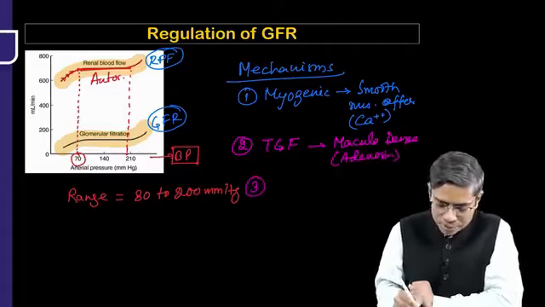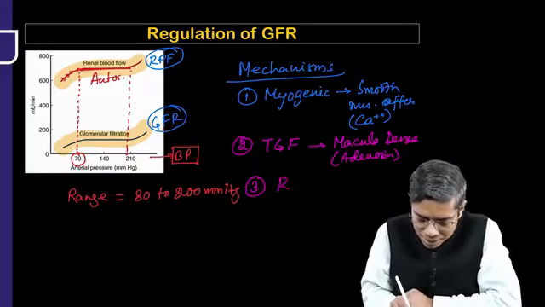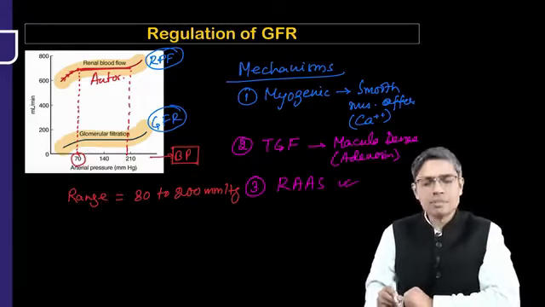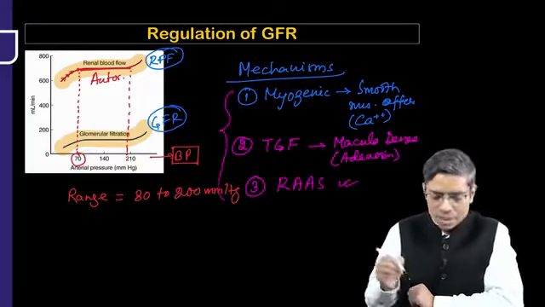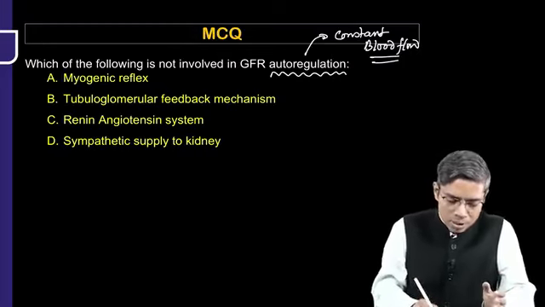And the third mechanism, which has been included recently, the renin angiotensin aldosterone system, is the third mechanism for regulation of renal blood flow.